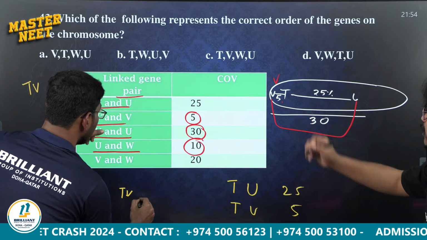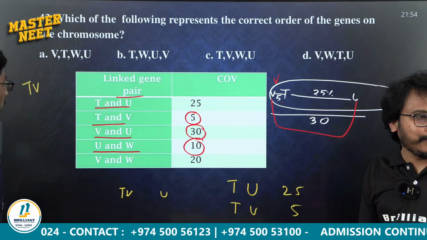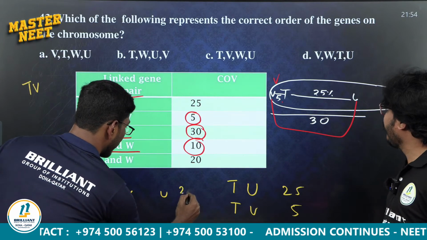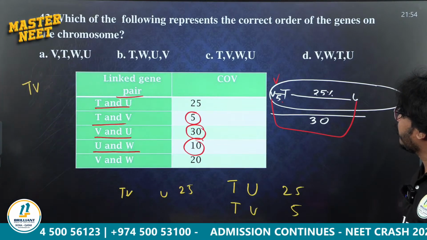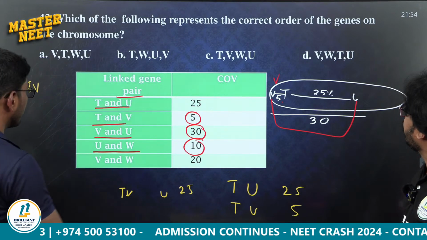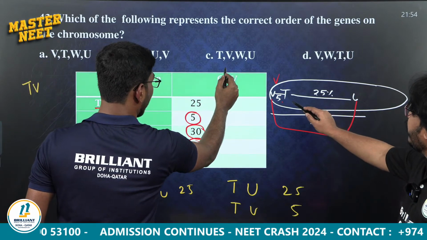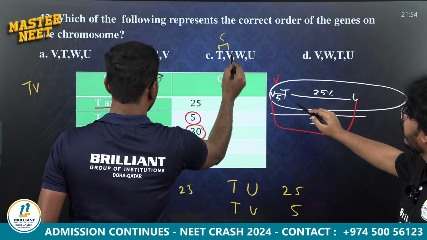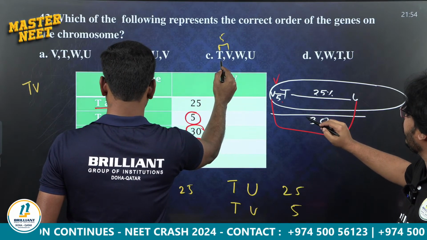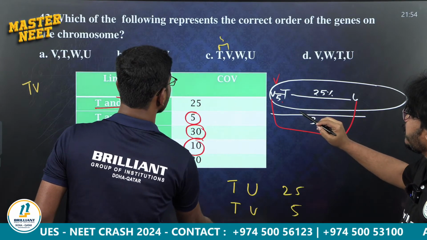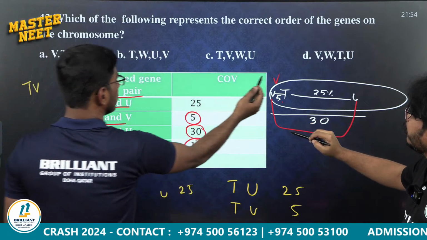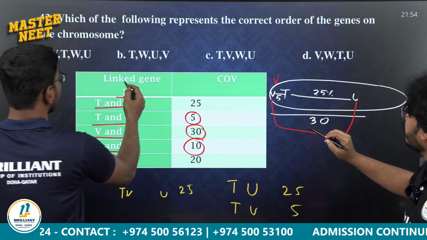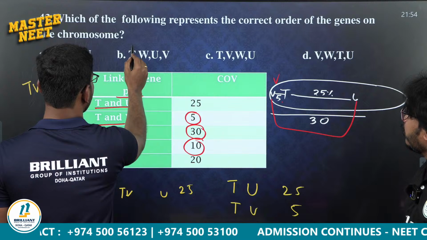Let's check VU, which is 20, and VTWU. VT is 5.